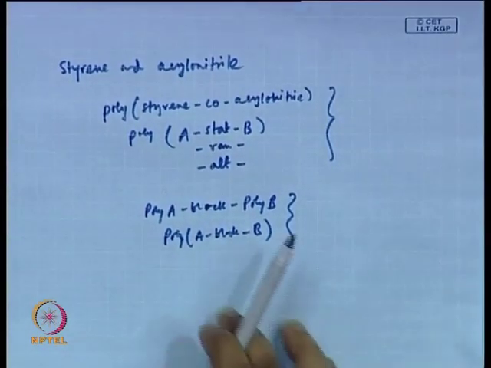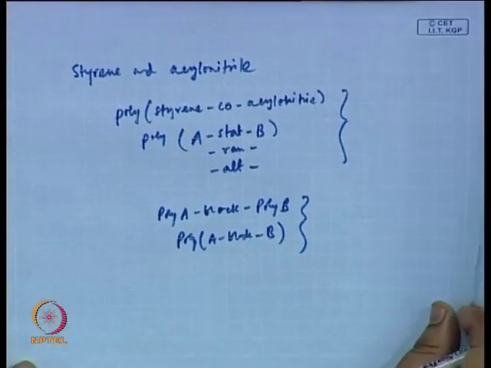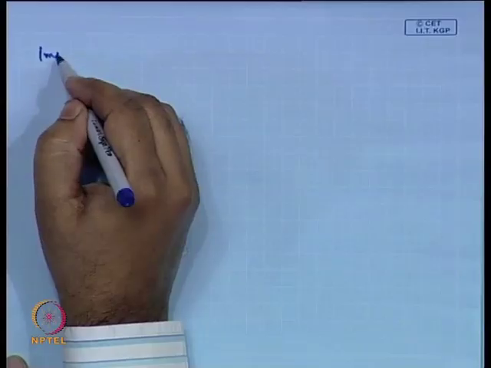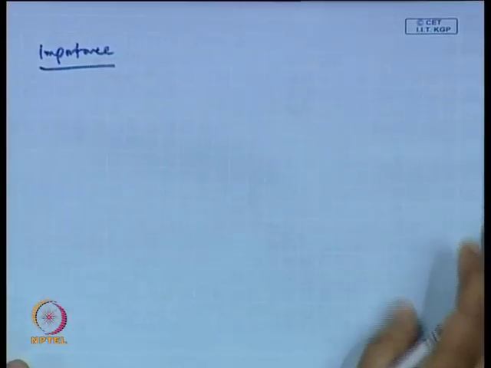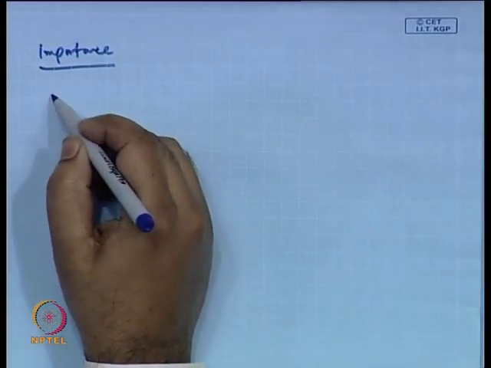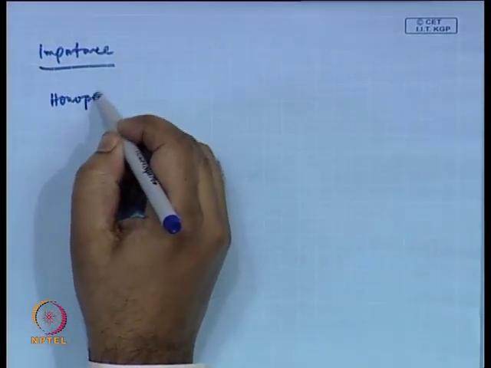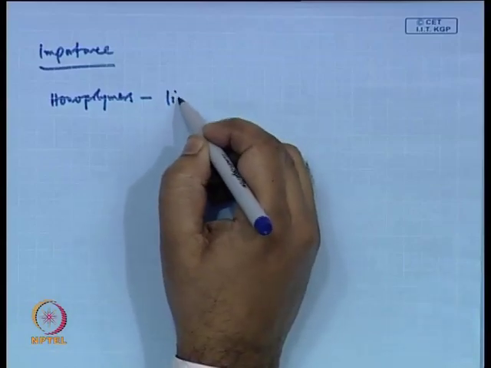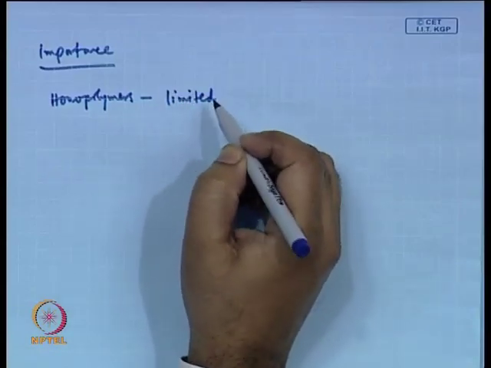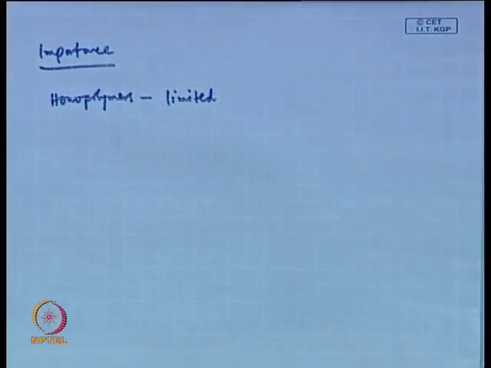Now, we were discussing the importance of copolymerization, why we should at all be interested in copolymers. We said that when we talk about homopolymers, we can have only a limited number of them.